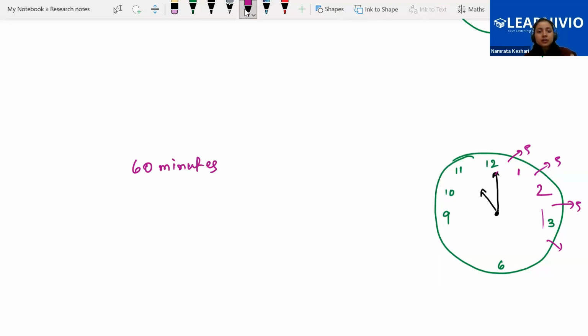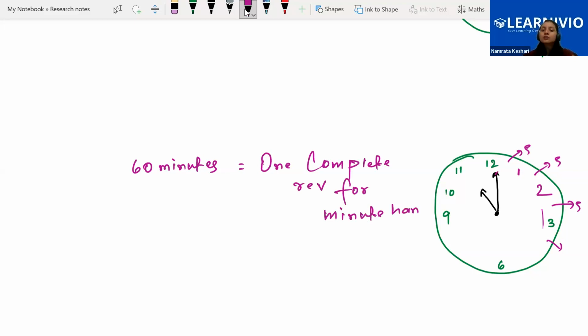One is equal to one complete revolution for the minute hand. Yes or no, Alina? The minute hand will complete one revolution and again get back to 12. That means it has taken 60 minutes. In 60 minutes it has completed one revolution. Yes or no? Yes, ma'am.